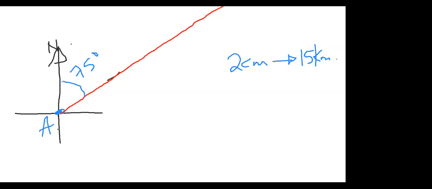If 2 centimeters represent 5 kilometers, the question says that we're going to present on a scale diagram B from A having 15 kilometers. So how many centimeters should we draw to represent the 15 kilometers? That one is now for you to try out.